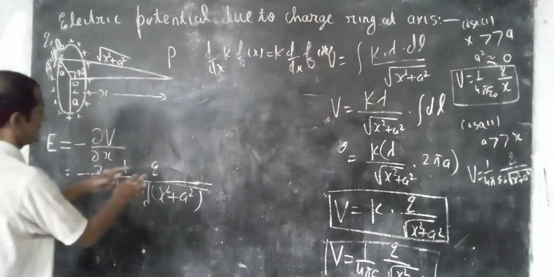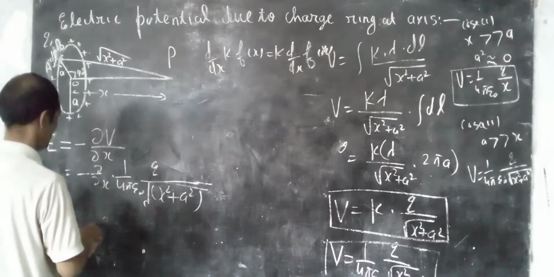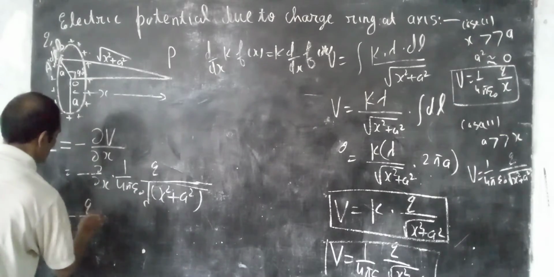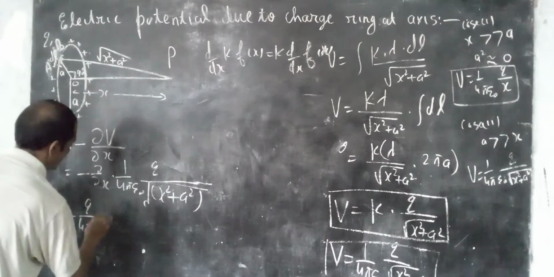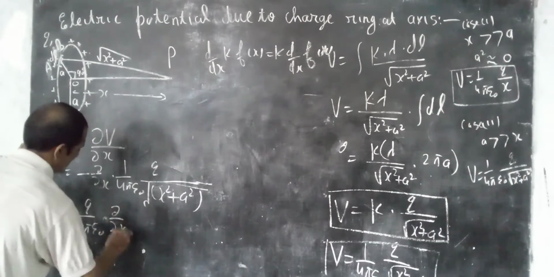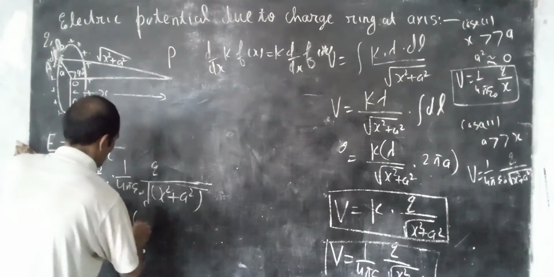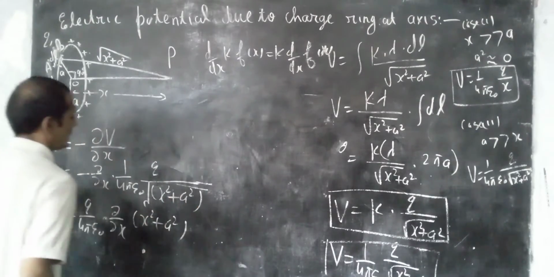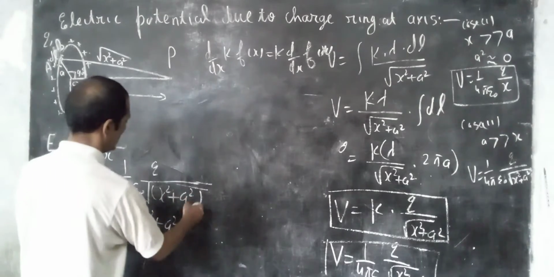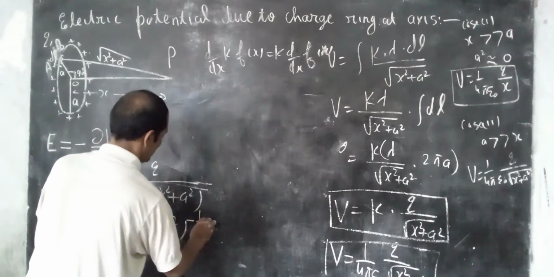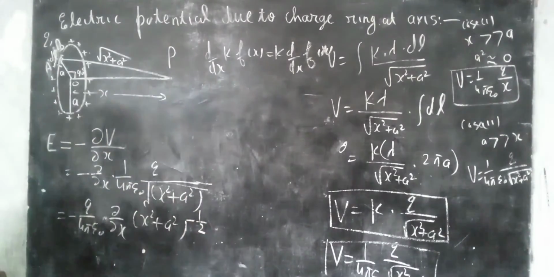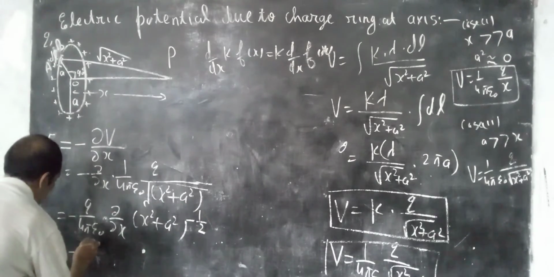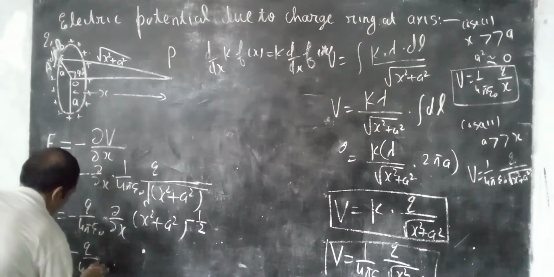So q is constant, 4 pi epsilon naught is constant, so it comes out of the differentiation. So q upon 4 pi epsilon naught times d by dx of (x squared plus a squared) to the power half. Here the positive half power, when we take it in the numerator, then it becomes a negative power. So d by dt, this becomes minus q upon 4 pi epsilon naught.